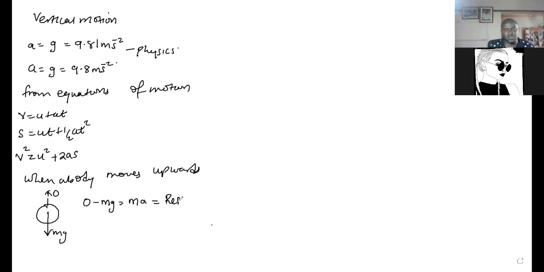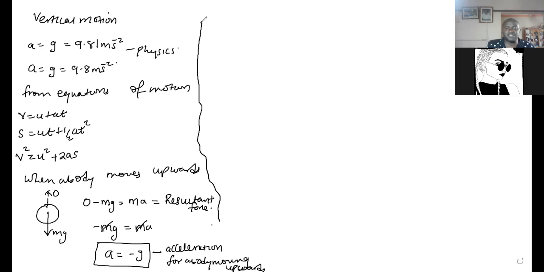So this is what we call the resultant force. Therefore, negative mg is equal to ma. When you divide by m, acceleration is always negative g meters per second squared.